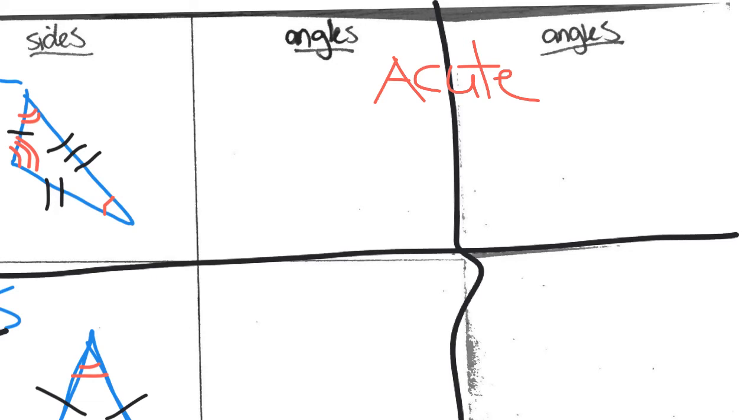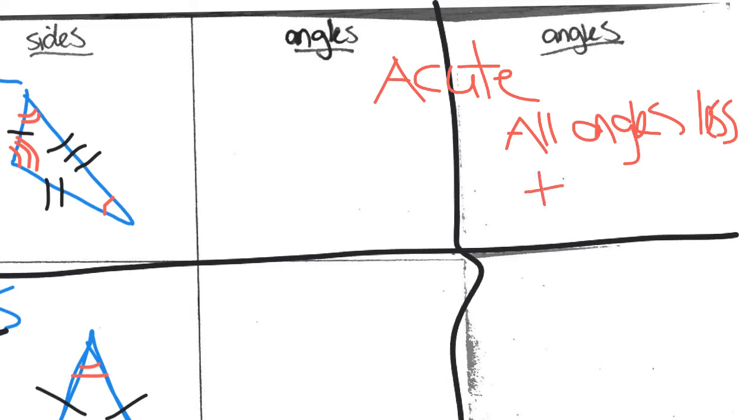So let's put that over here. All angles are less than 90 degrees. So there's not any that are bigger than 90 degrees.